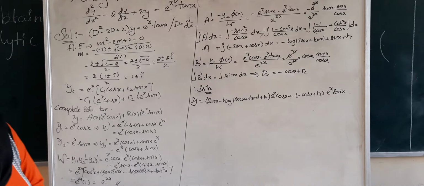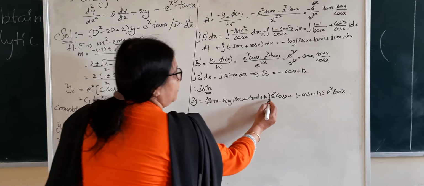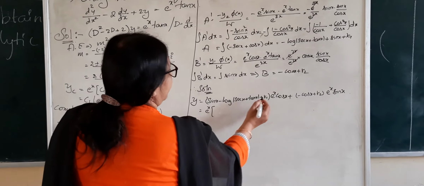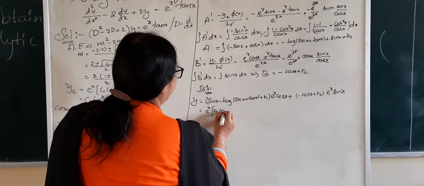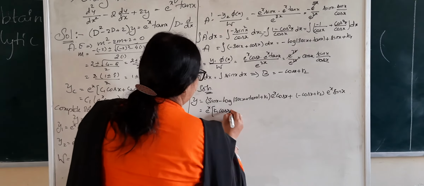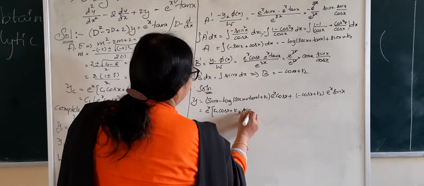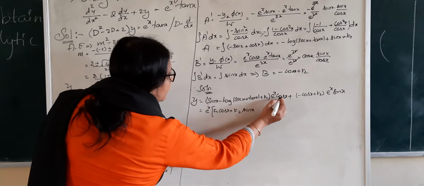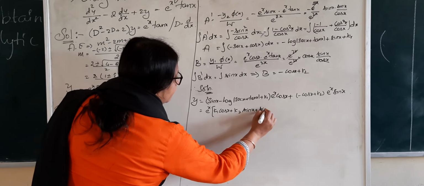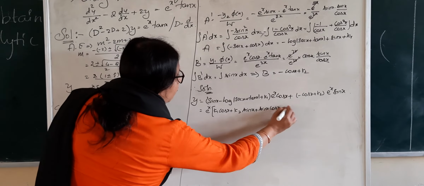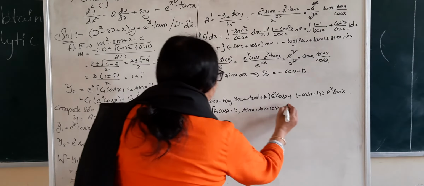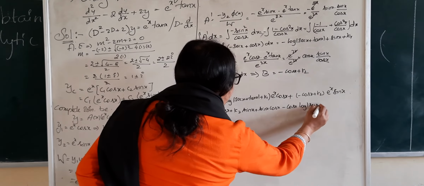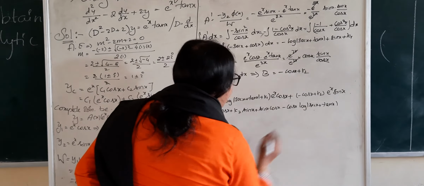This one. Got it? So we have e power x common in both the terms. Take it outside, and then we have k1 cos x and k2 sin x with a positive sign. Next we have sin x cos x with a positive sign, minus cos x into log of secant x plus tan x as it is.